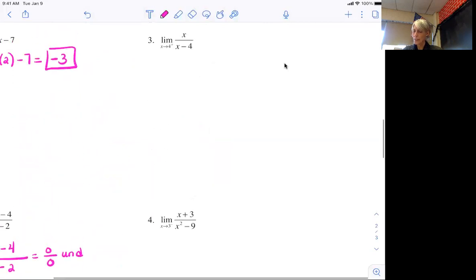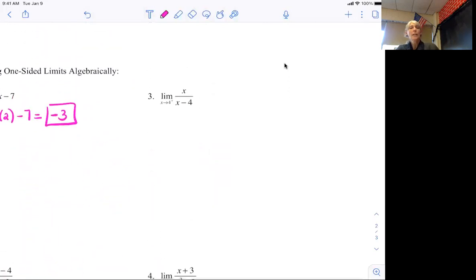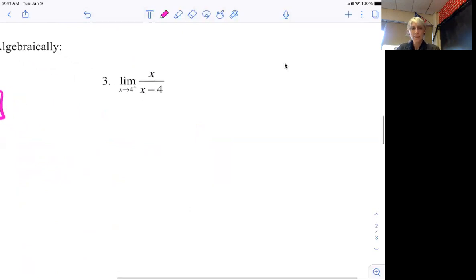In example 3, the limit as x approaches 4 from the right. Always start by plugging in the number. 4 over 4 minus 4, 4 over 0.